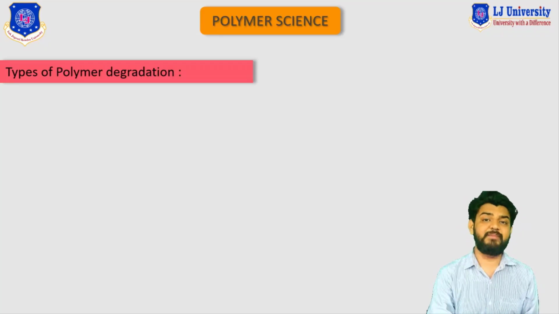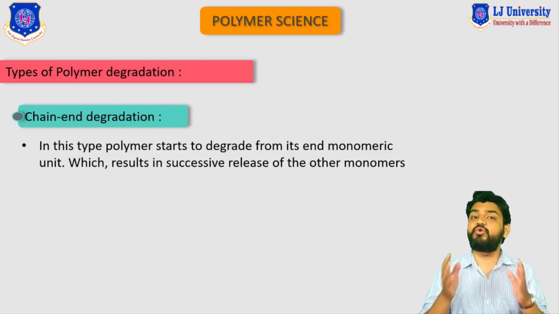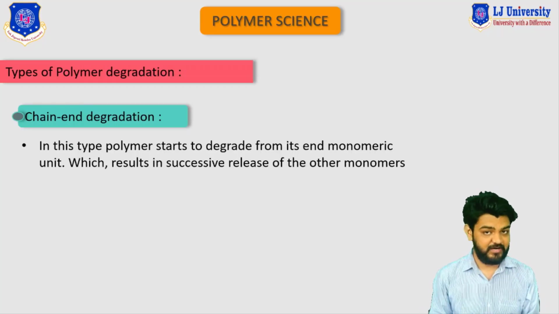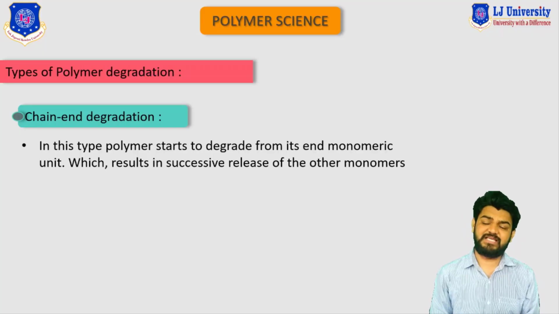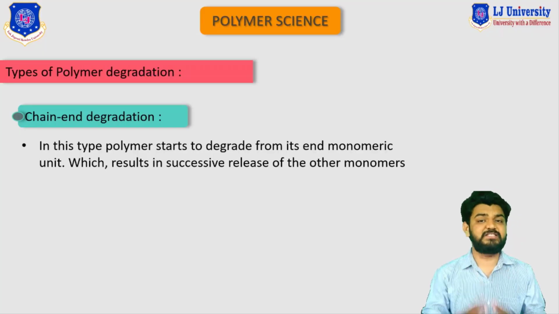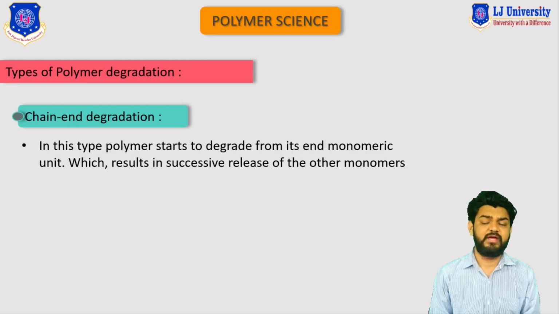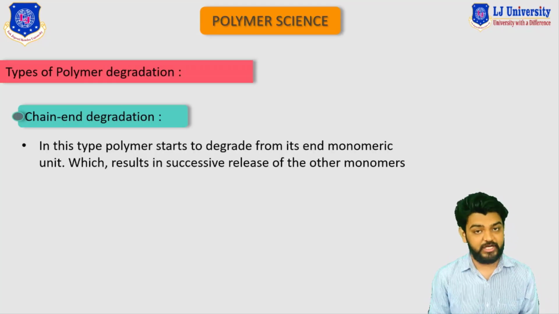Polymer degradation can be of two different types. One is chain end polymer degradation. As this name itself suggests, it is the chain end degradation process, so it will take place at the end of the long chain of molecules.